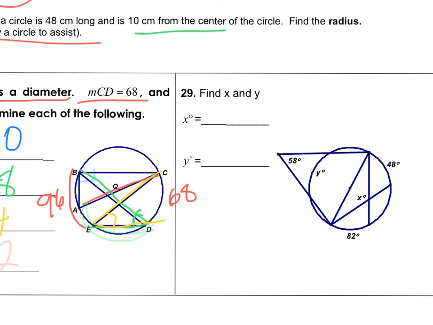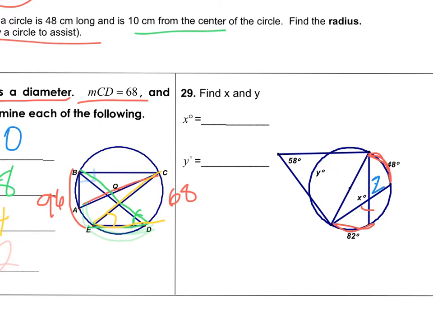So on this next one, I just want to, on the key, I talked about basically, I added a variable, which was a Z over here. I don't know if you can see that. Let me fix that. There it is. All right, so I put a Z because I don't have my two arcs to go with X. But if I look here, I have the arc 48, and Z is vertical to this angle, and the 82.